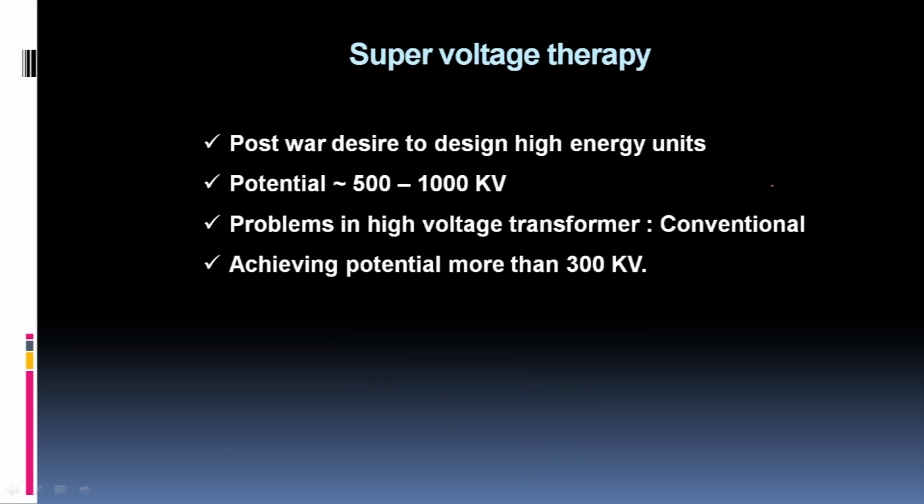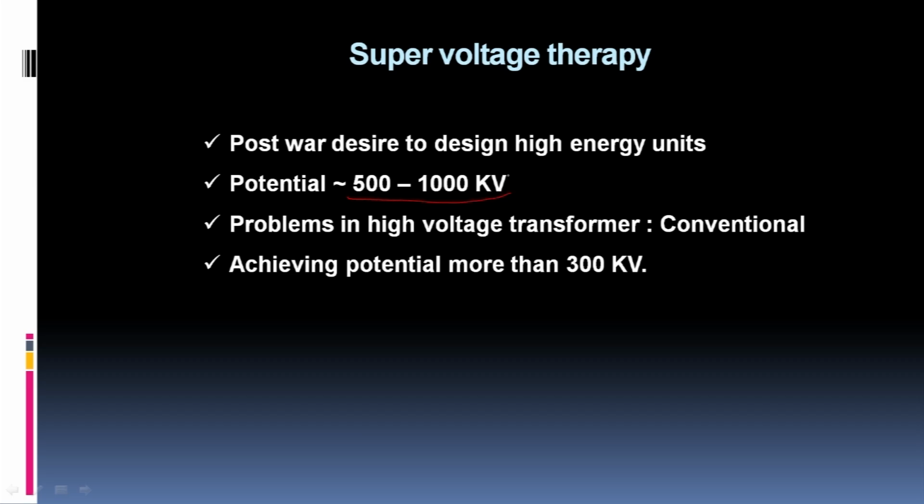units. Now super voltage therapy, because of the post-war development there was a desire to design high energy units, because our requirement was to treat the deep seated tumors or deep seated targets by external beam radiotherapy, and for super voltage therapy the potentials used are from 500 to 1000 kilovoltage.